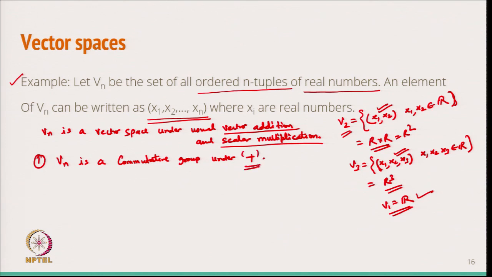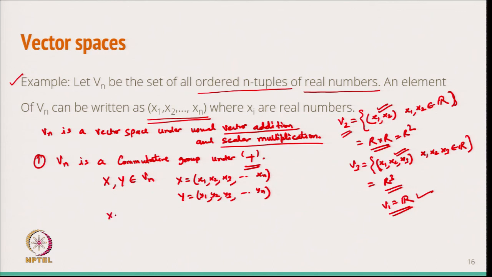This is a commutative group because if I take elements x and y belonging to Vn, where x is x1, x2, x3 up to xn, and y is y1, y2, y3 up to yn, these are elements belonging to Vn.